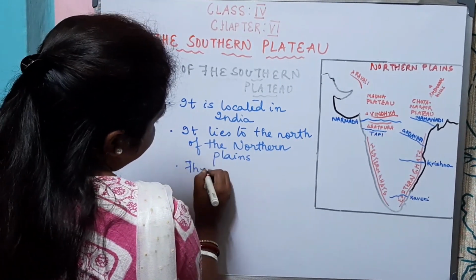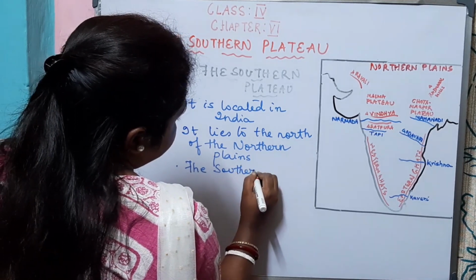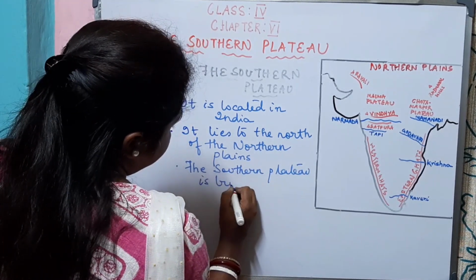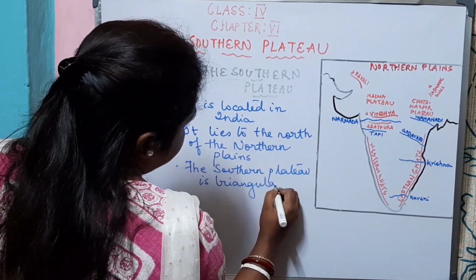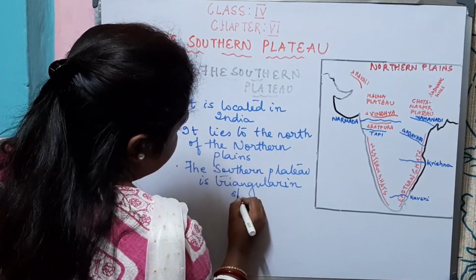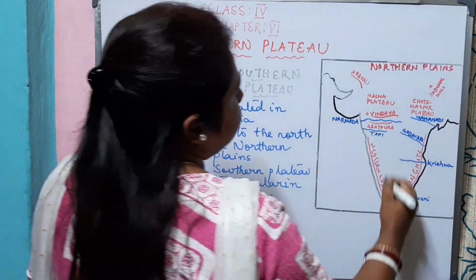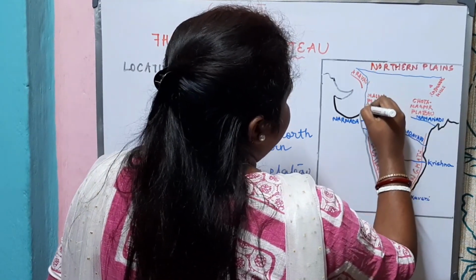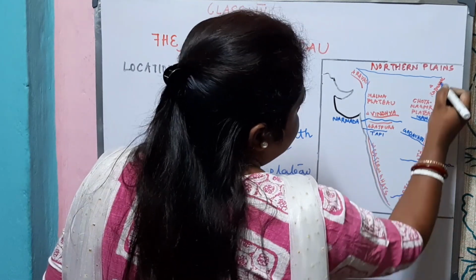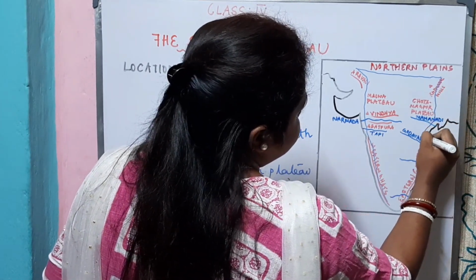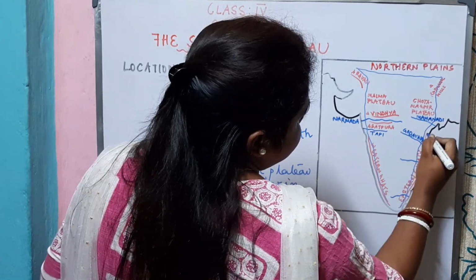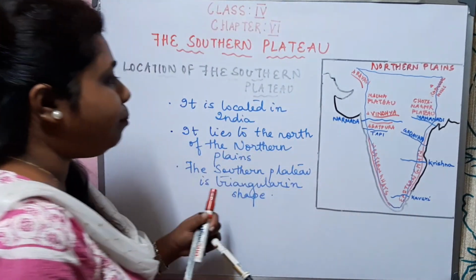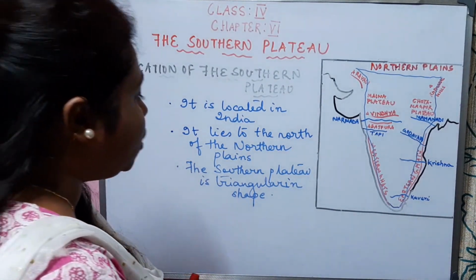The Southern Plateau is triangular in shape. Now, as you can see, the Southern Plateau is triangular in shape.